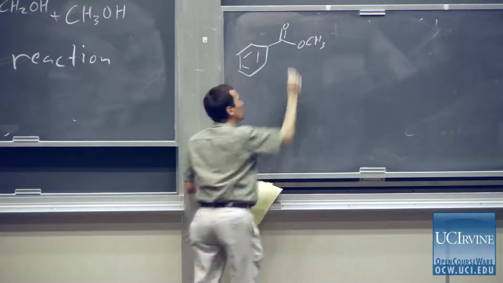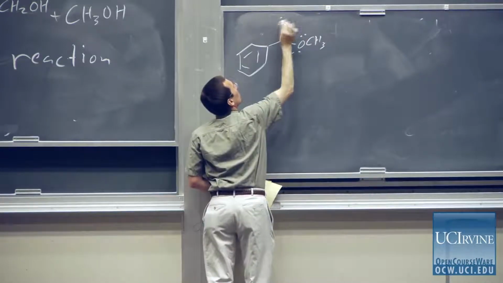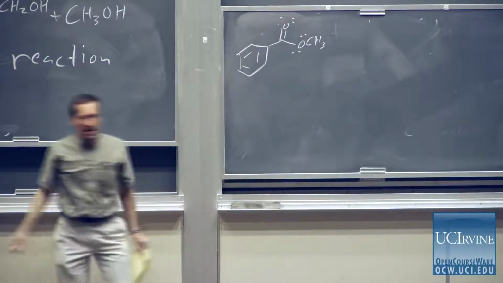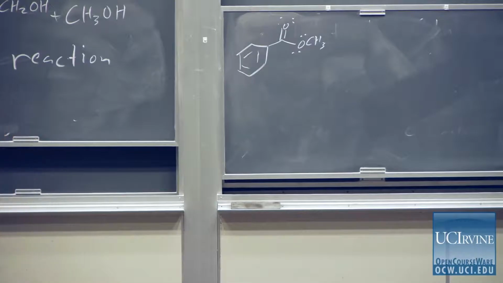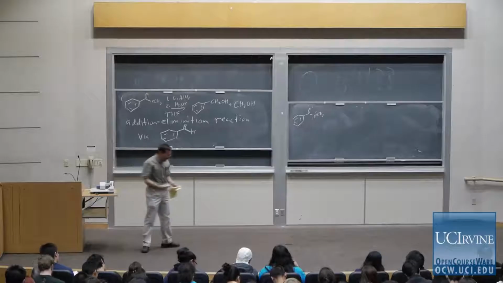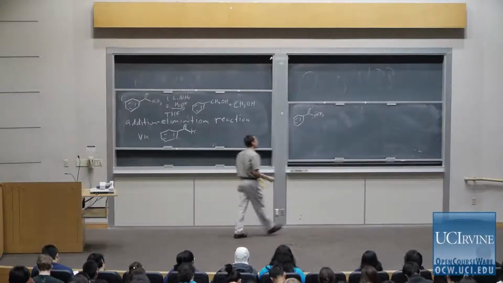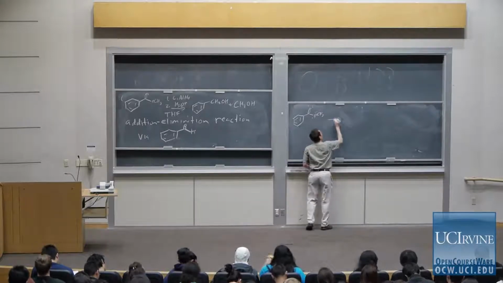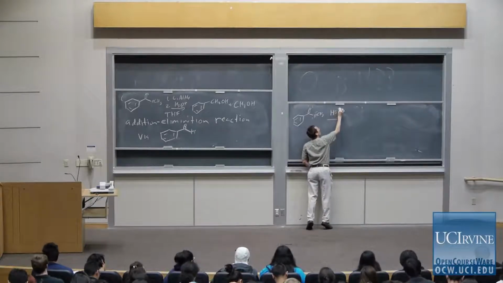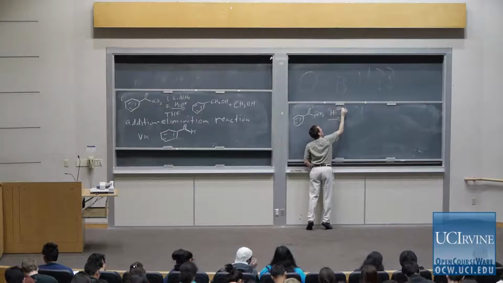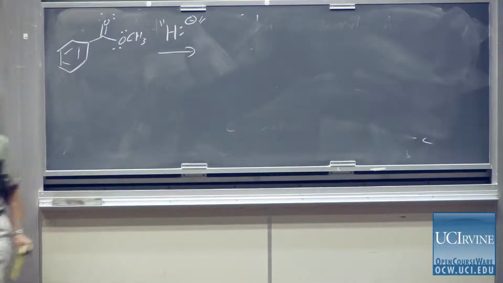And I will, at least for the moment, try to be a good person and write a good mechanism in which I write lone pairs of electrons and try to keep track of my charges. And to keep things simple, rather than writing out all of lithium aluminum hydride, I'm going to write hydride just as an abstraction of a hydride anion.